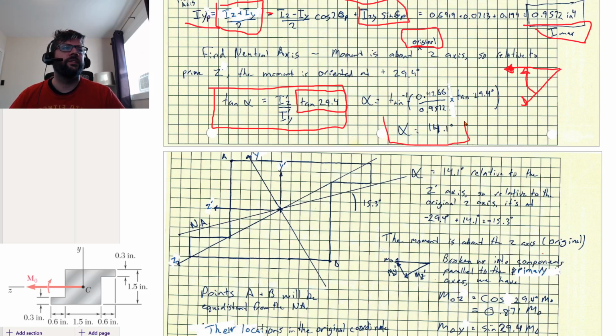That gives us 14.1 degrees. That's this angle right here, relative to that axis. So relative to the original z-axis, it's 29.4 minus the 14.1, which gives us 15.3 degrees, going to be that distance there. So again, here's our neutral axis.